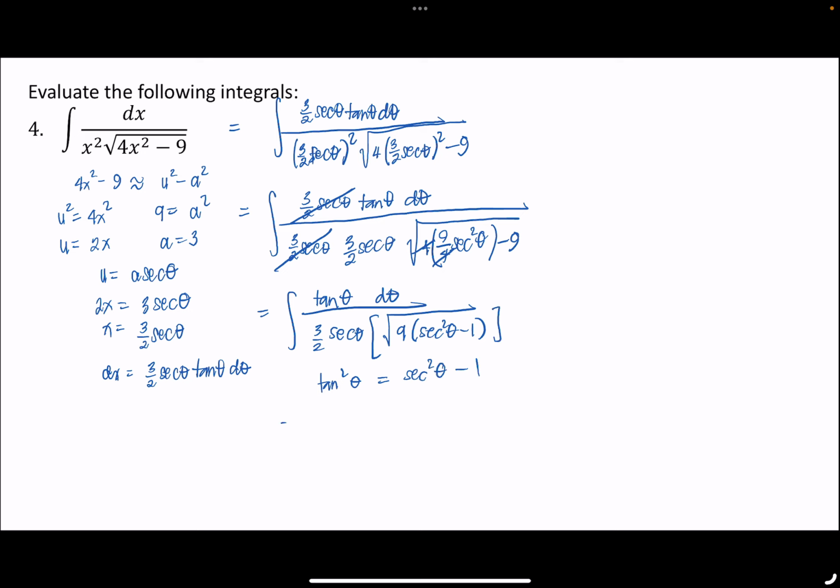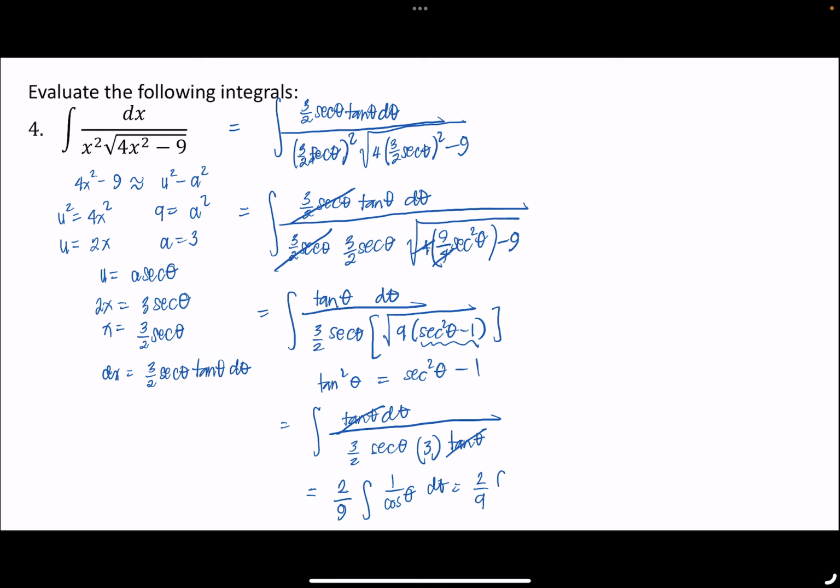So we have the integral of tangent theta d theta all over 3 over 2 secant theta. The square root of 9 is 3, and this is tangent squared theta, whose square root is tangent theta. So we can cancel out tangent theta, and we have 2 over 9 times the integral of 1 over secant theta d theta.